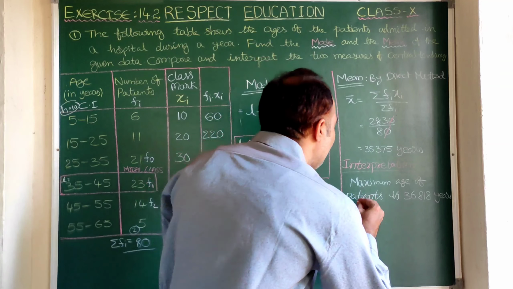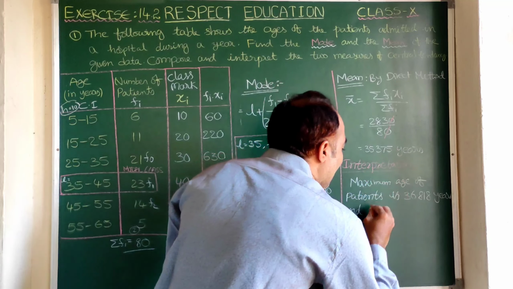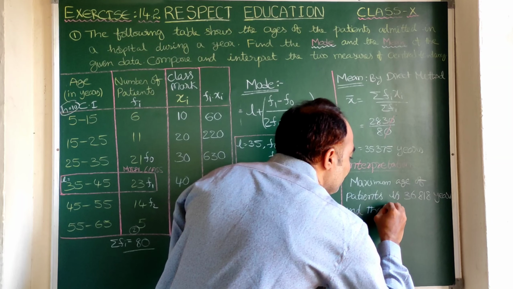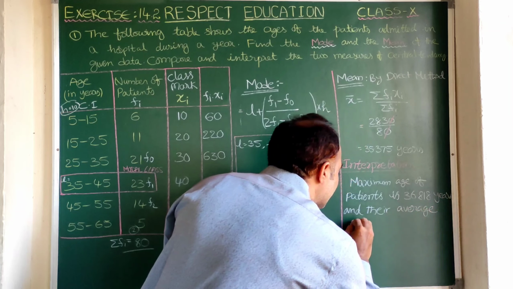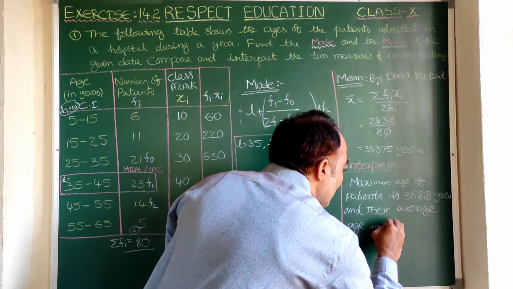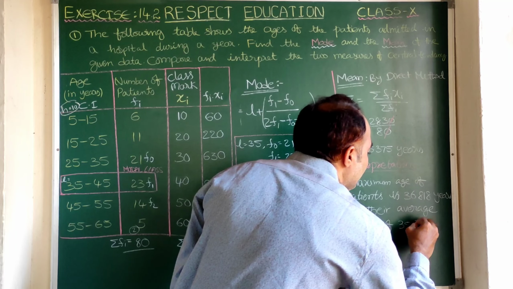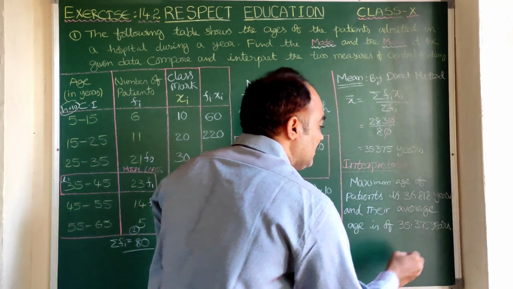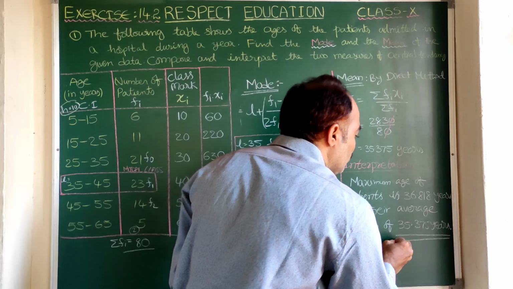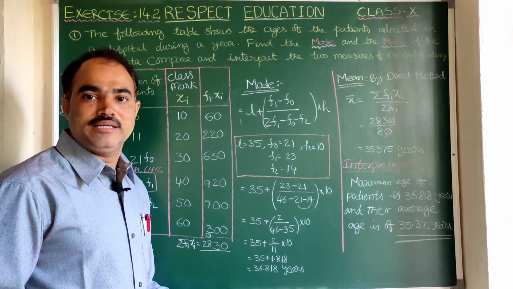So let us write now: and their average age is 35.375 years. Is it clear? So like this we can conclude the problem. With this, problem number 1 gets completed.